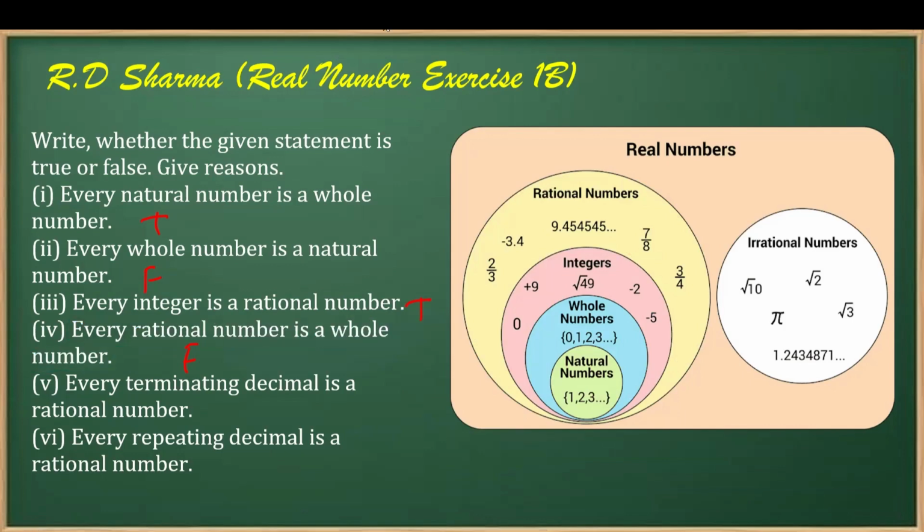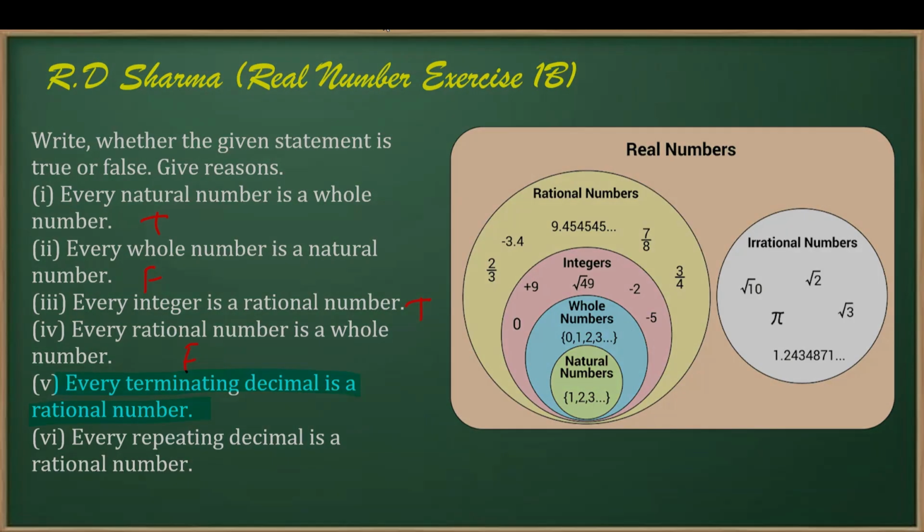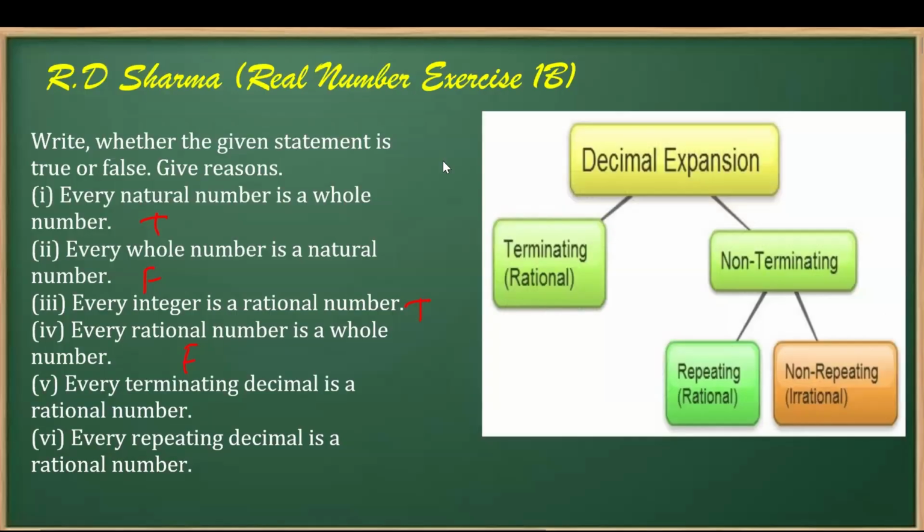Now coming to the next, every terminating decimal expansion is rational. For that, let me bring one flow chart. The next question says that every terminating decimal is a rational number. So look into this flow chart.